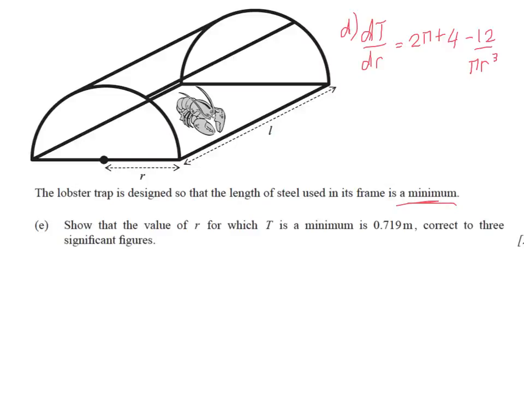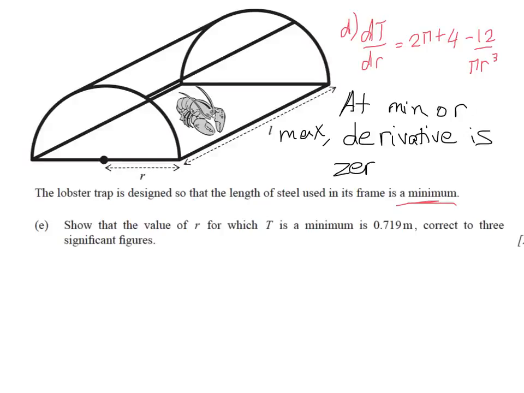It's so important that you remember that at min or max points, the derivative is always 0. So it's going to logically follow every single time. Every single time they're going to ask you to differentiate something, and then they're going to ask for a minimum or a maximum. And it's a must that you make your derivative, the thing you differentiated, equal to 0. That's a thing that happens all the time.